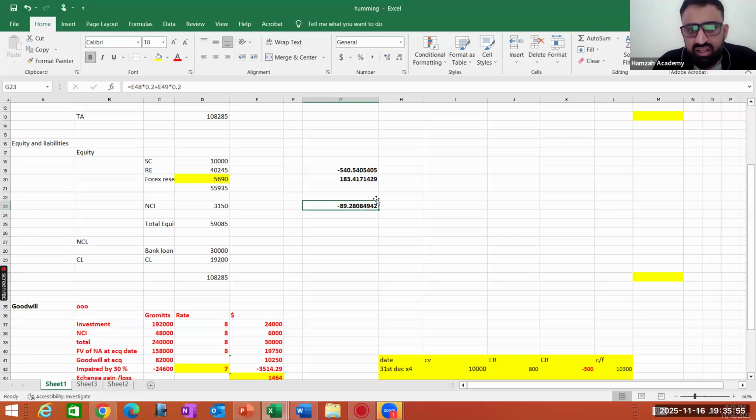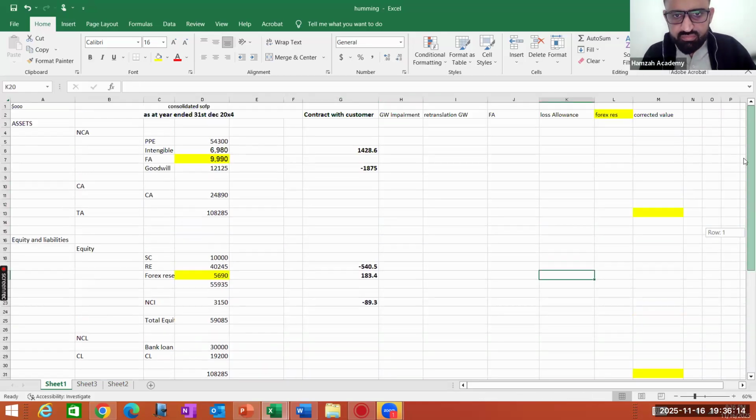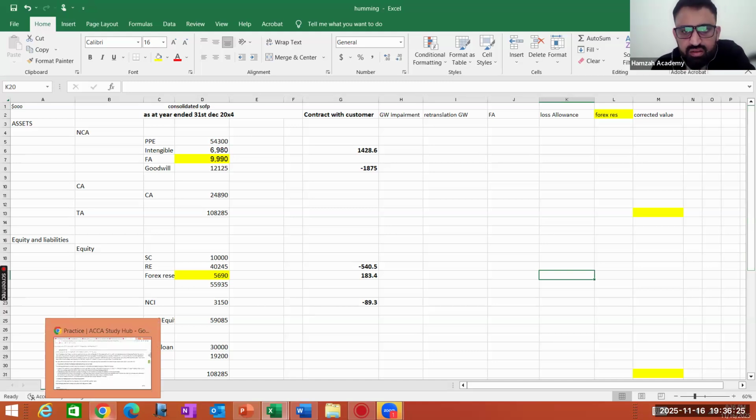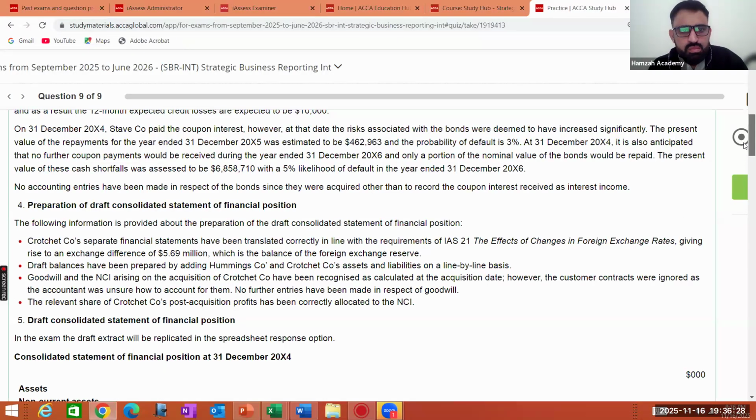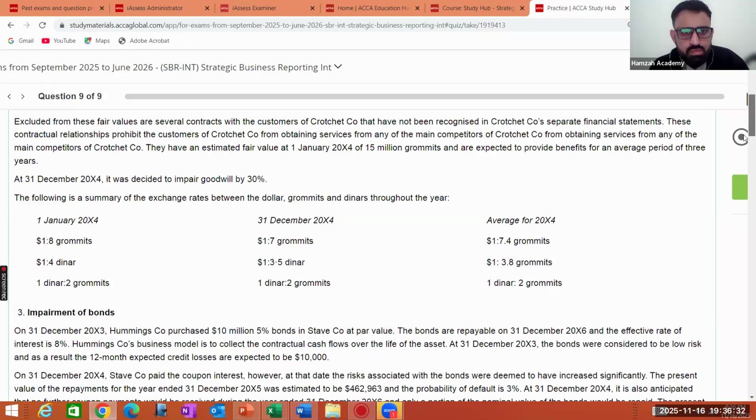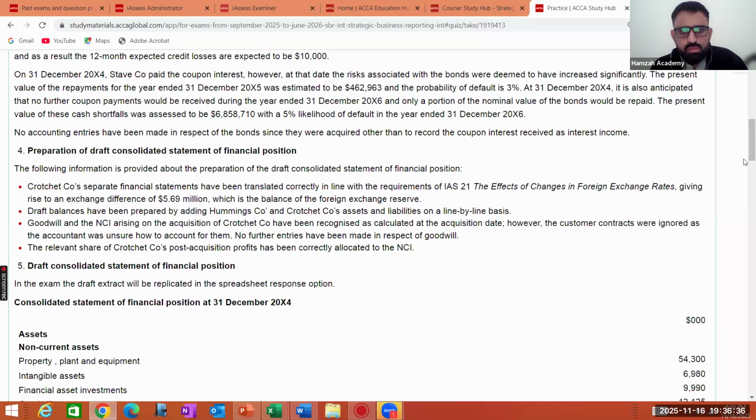So in NCI, you have 89 net share, which is after considering the share of depreciation and exchange gain. Got it? Any question?